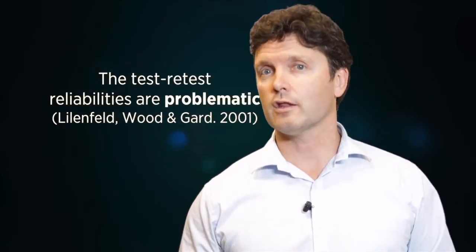Despite this test being used over 6 million times a year, the test is scientifically controversial. The test-retest reliabilities are problematic. Even though psychologists use the Rorschach inkblot for assisting in making diagnoses, there is little evidence that it validly detects the features of mental disorders. It also does not appear to score high on incremental validity.